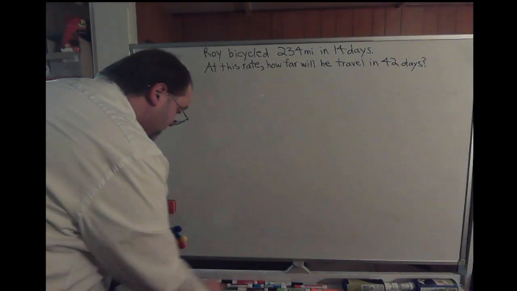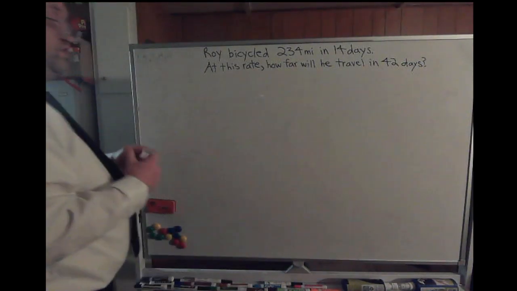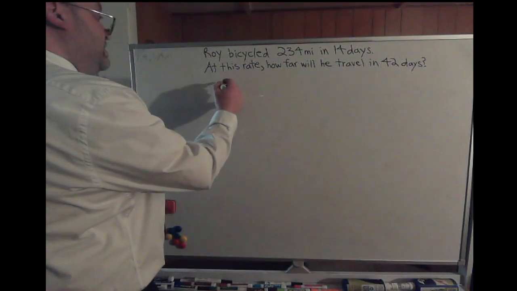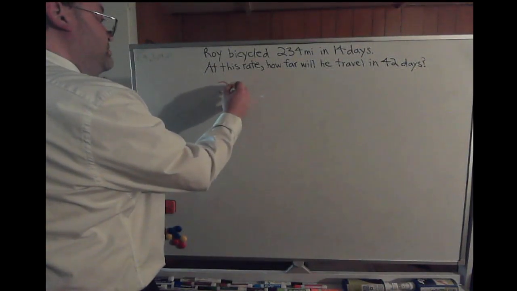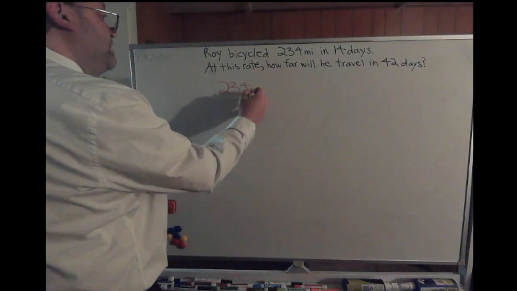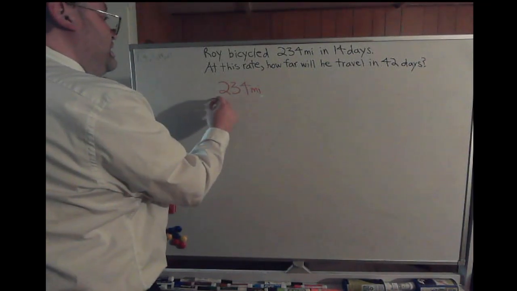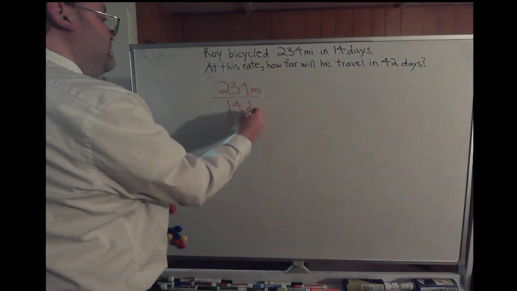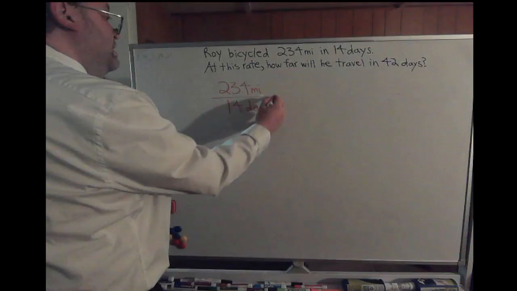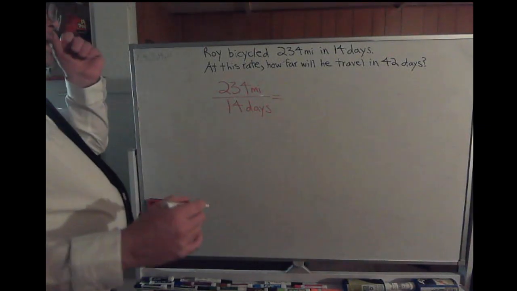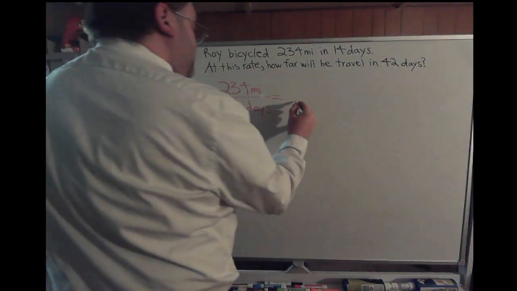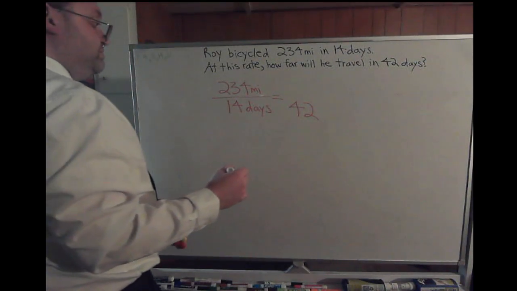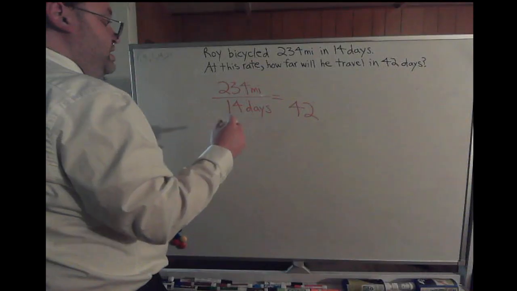So again, we got ourselves a couple ratios, which will be a proportion. So, he traveled 234 miles in 14 days, right? They want to know how far will he travel in 42 days. So, of course, you'll have one proportion.